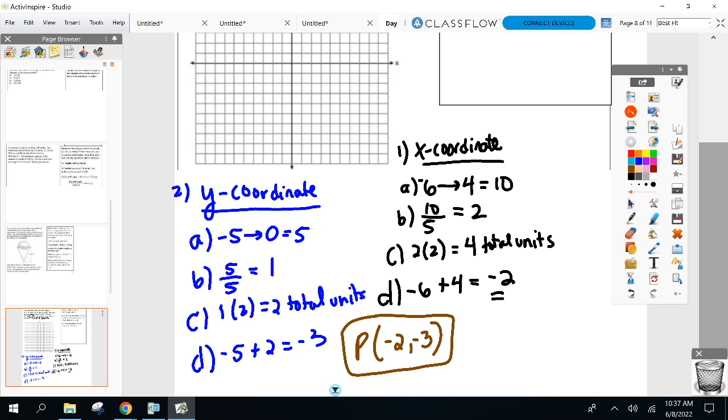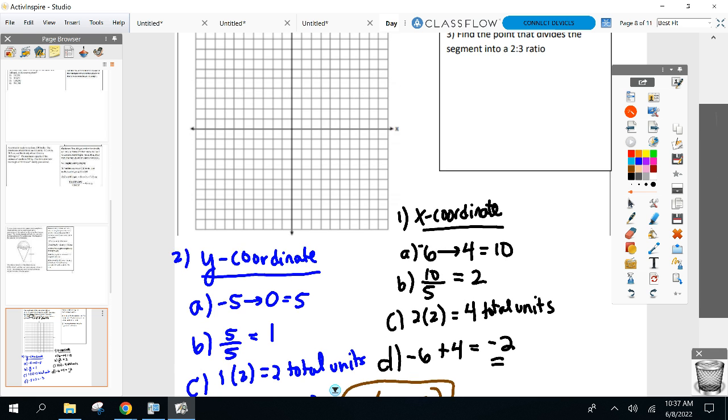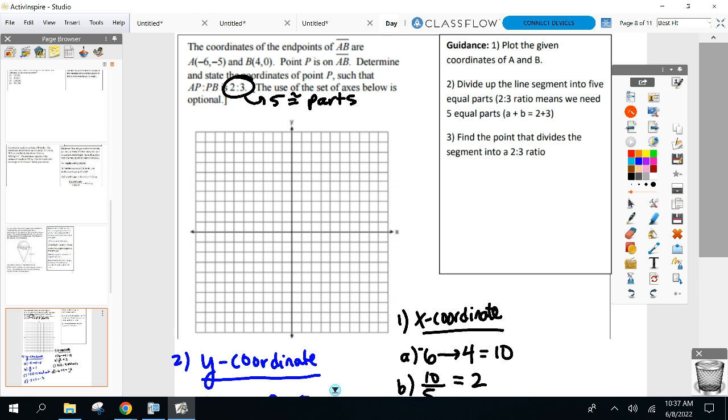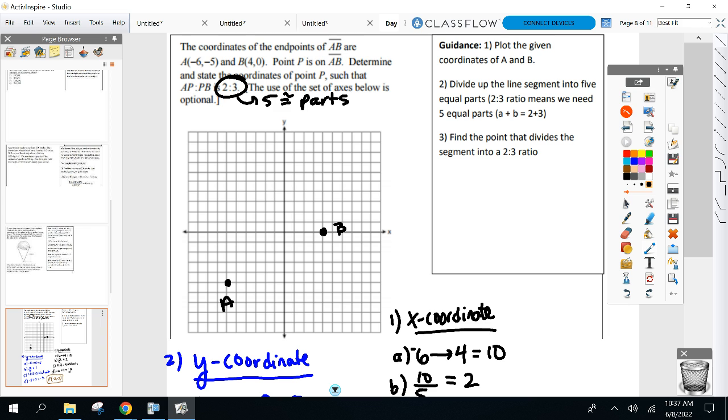All right. See how I provided a graph here? Graph AB for me, please, right now. Graph that line segment AB. I'm going to show you how I want you to check your answers come game day. So graph AB for me: -6, -5, and 4, 0. You can just freehand it now, but on the day of the exam, grab your straight edge and actually connect them.